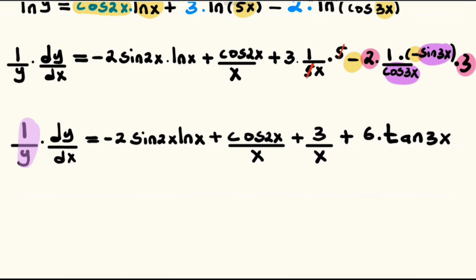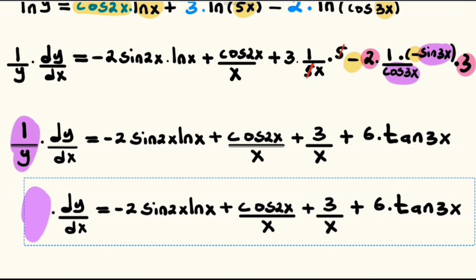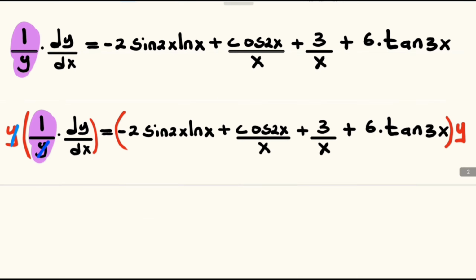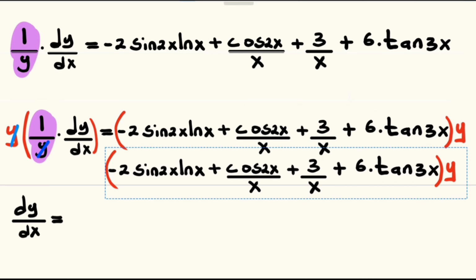We have to remove the 1 divided by y, so that we'll be left with dy divided by dx on the left. So we multiply both sides of the equation by y. So what we do on the left, we do on the right. And that y and that y will cancel out, such that the derivative of y with respect to the derivative of x will be equal to what we have on the right hand side of the equation.